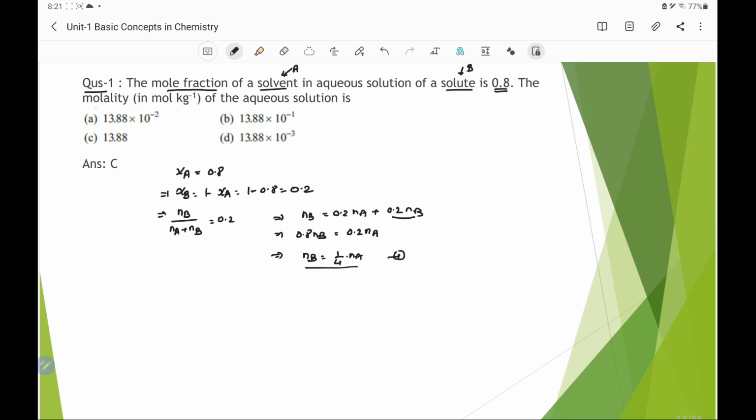Now, the molality in mole per kilogram of aqueous solution. Molality is defined as the number of moles of the solute Nb divided by the mass of the solvent in kilogram.